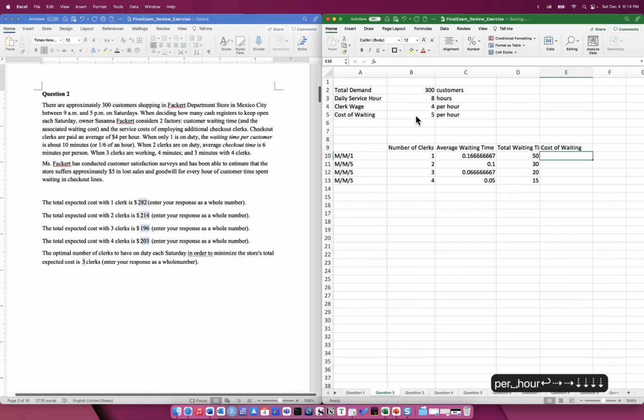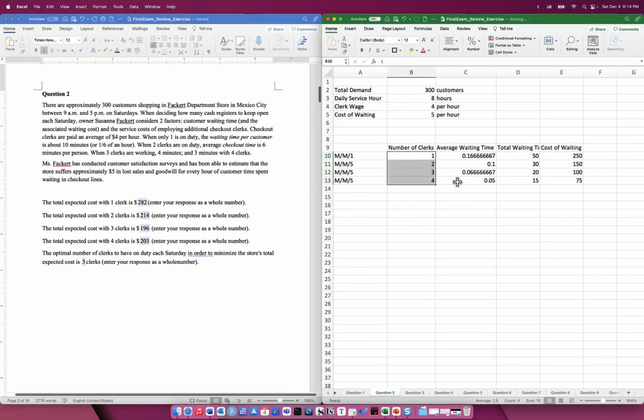Your cost of waiting for the first system is 50 multiplied by 5. Absolute referencing it again, just double click to fill it. As you can see, the pattern is the more clerks you're using, the fewer customers are waiting. I think that makes sense.